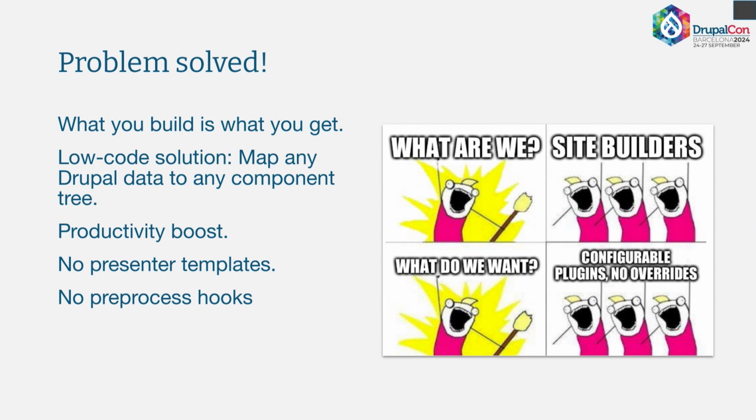We think the problem is solved. So we now have a no-code solution to map any data in Drupal to any component tree without preprocessors or any code. And we think that's really a big improvement for productivity and also for developer workflow.